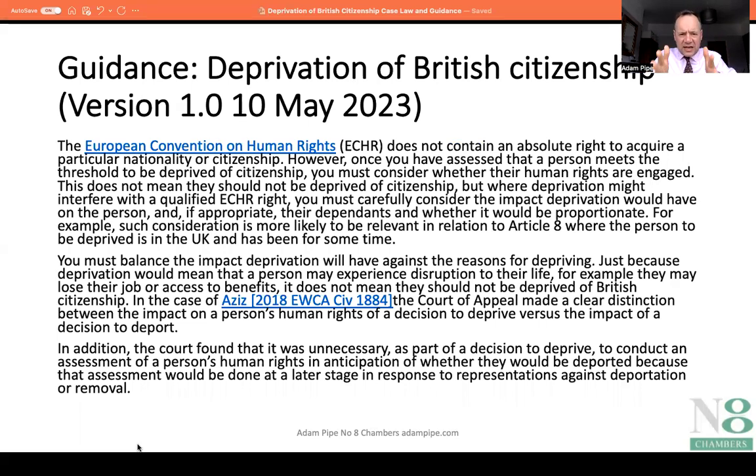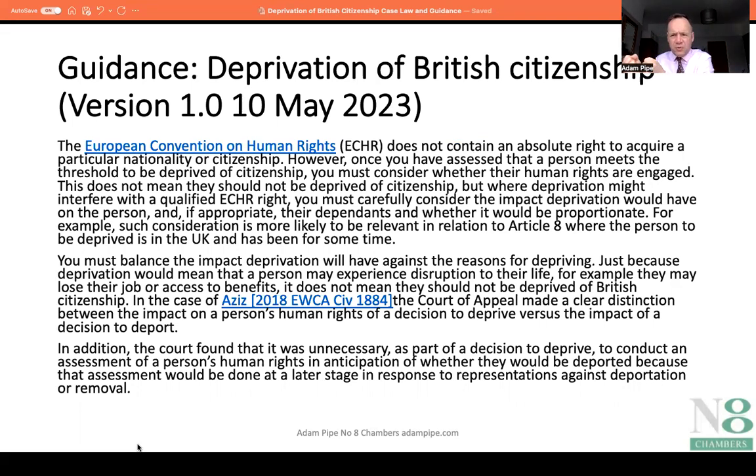Again, the Secretary of State's guidance refers to the relevance of human rights and Article 8 and the balance of the impact deprivation will have against the reasons for depriving. They refer back to the case of Aziz and the need to distinguish between the impact of the decision to deprive, which is being considered, rather than a decision to deport.